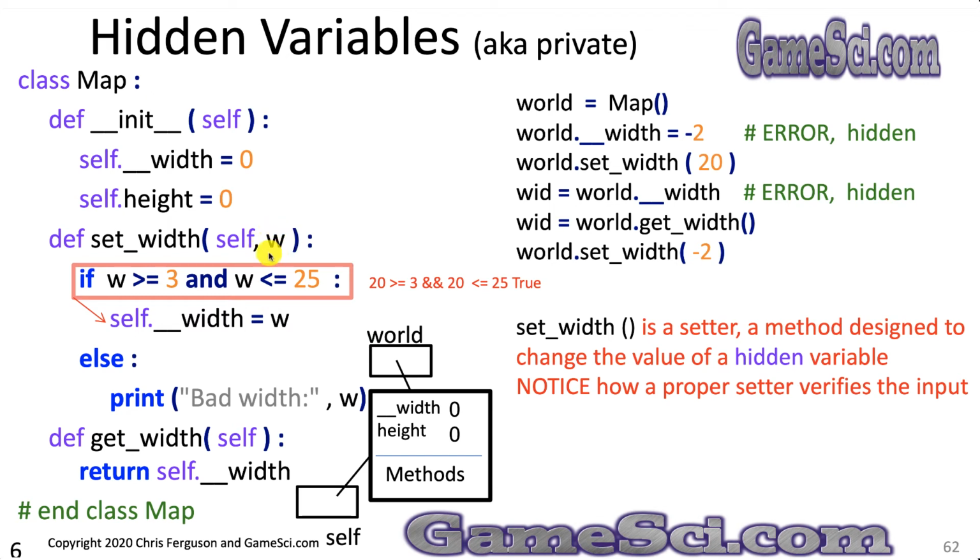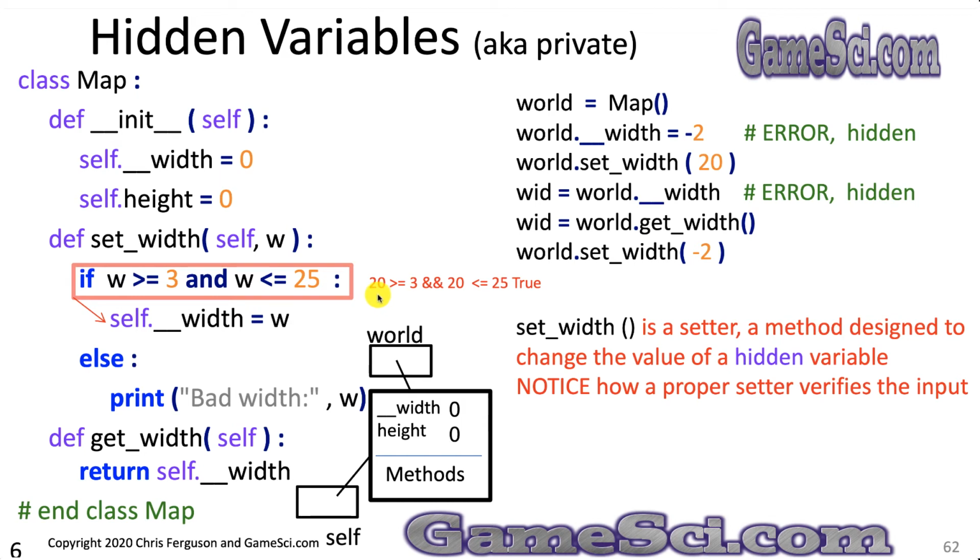First thing I'll do is check out my w parameter. SetWidth is a setter method, a method designed to change the value of a hidden variable. Notice how a proper setter verifies the input. We'll look at what the user is asking us to change the width variable to.